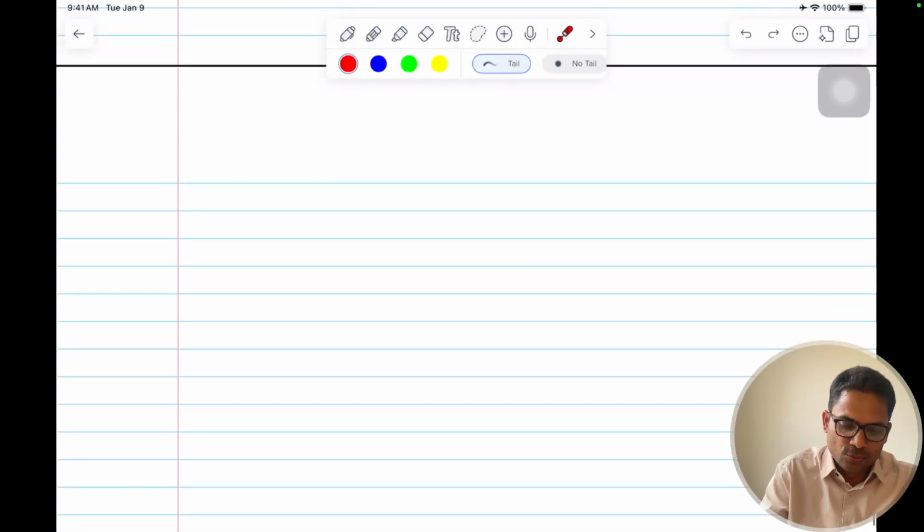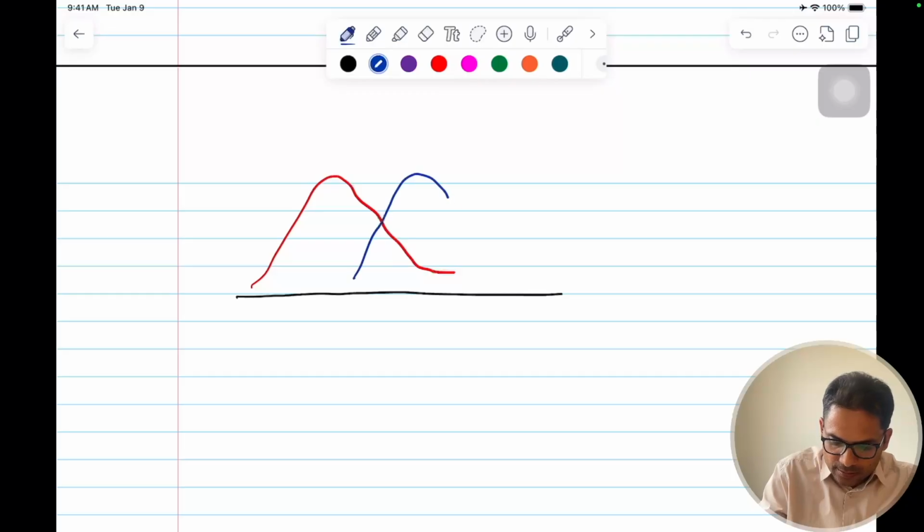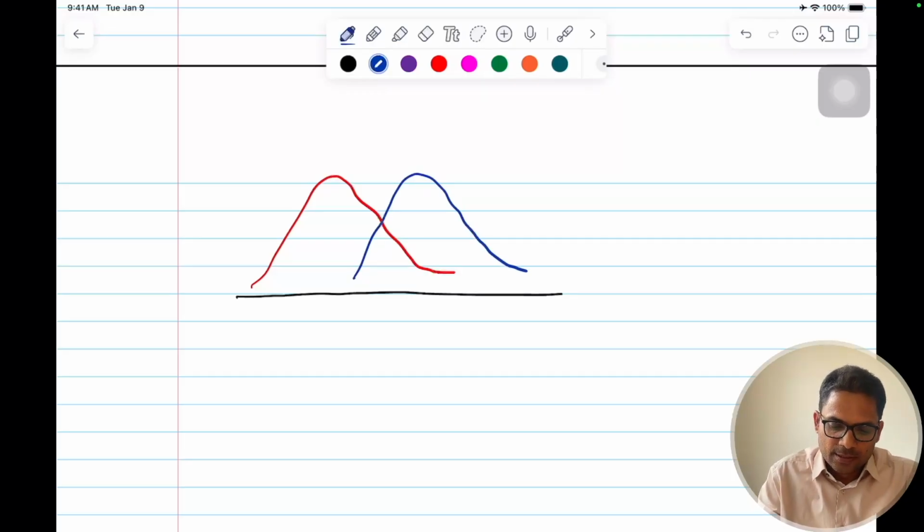Let me show you graphically. For example, there are two samples. Let me draw them. One sample is like this, and another sample is like this. This is your mean, and this is your mean.